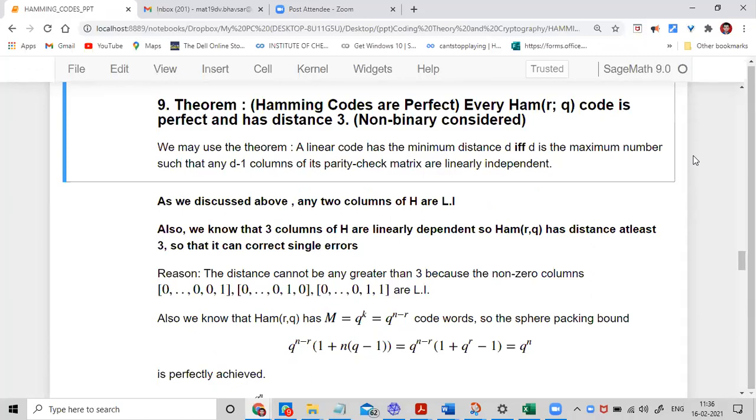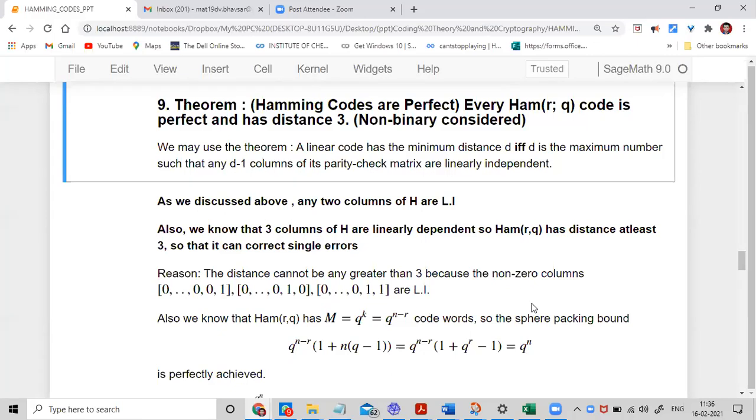We are taking each code word and constructing a sphere of radius 1. What are the vectors which are available in that sphere?